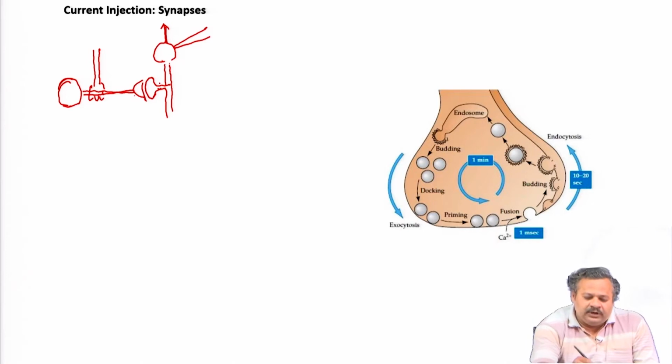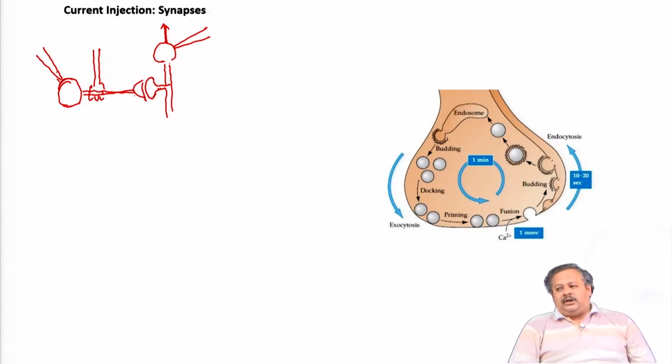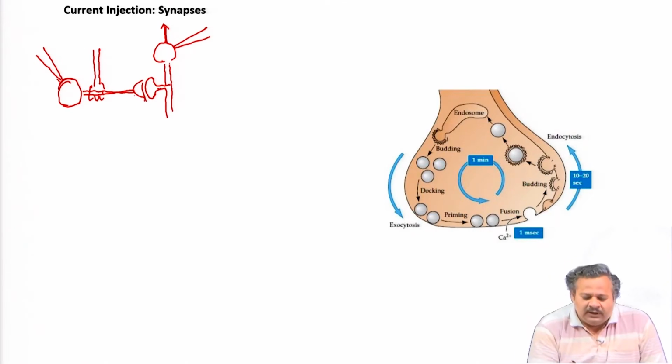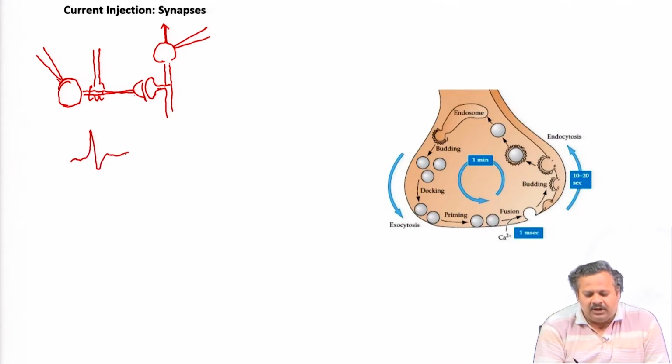In other ways also we can do it, if we can patch onto the presynaptic neuron and also the postsynaptic neuron, if they happen to be connected, then we can do a more direct control of the spiking of the previous neuron. So either way we will think of it in this way, that we can produce a presynaptic action potential like this.